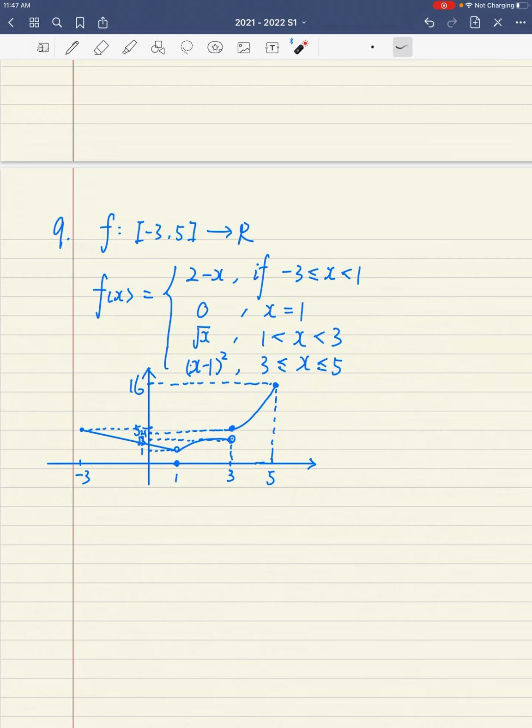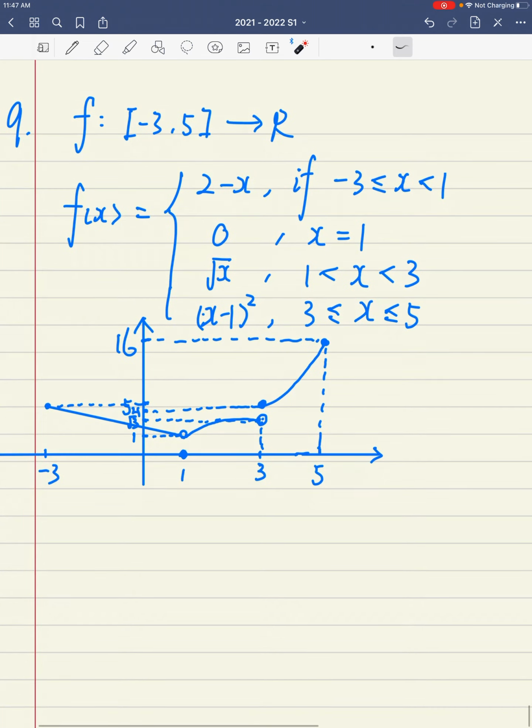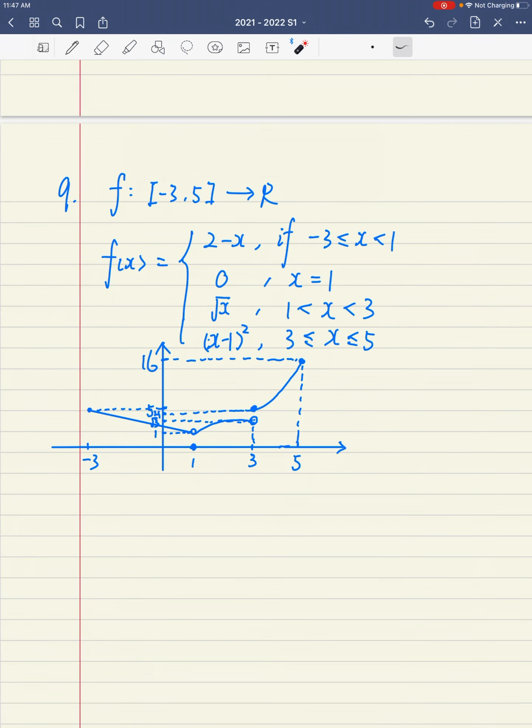And then write down the range of the function. Which means, what values of f(x) can you take in this function? First, what's the smallest value you can take? It's 0. The smallest f(x) value is 0.